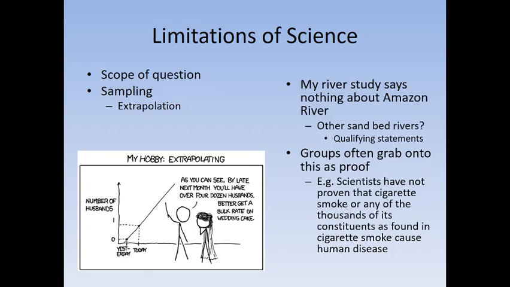But then the tobacco companies were saying statements like this: scientists have not proven that cigarette smoke or any of the thousands of its constituents as found in cigarette smoke, and that's key to this statement, as found in cigarette smoke, cause human disease. So they were saying, well, you just looked at nicotine. You didn't look at nicotine in cigarette smoke.